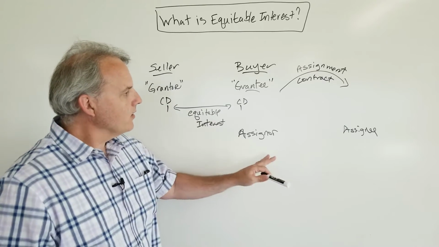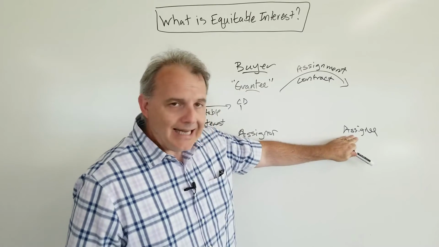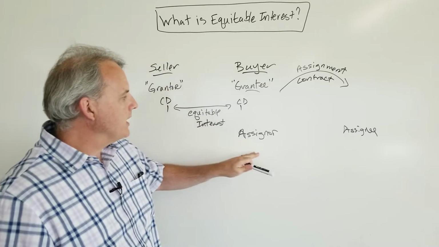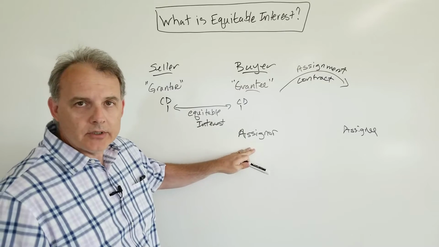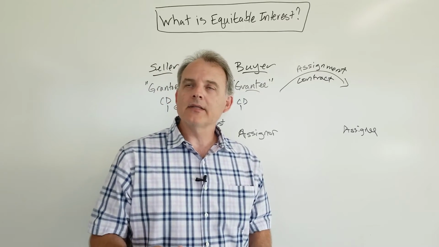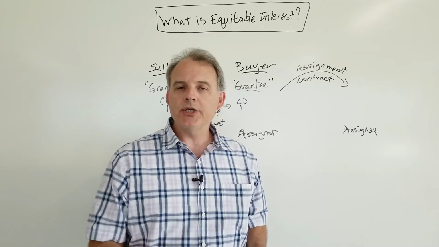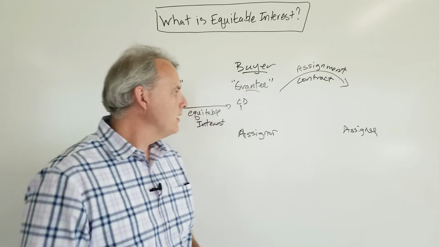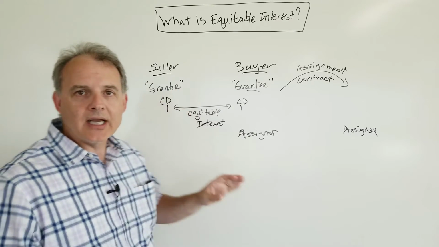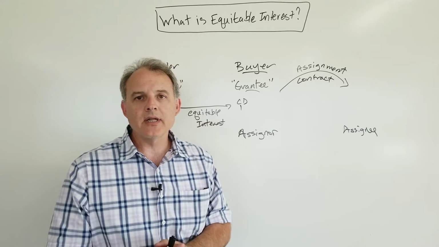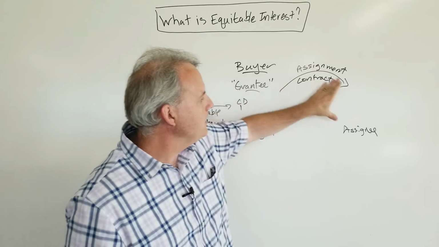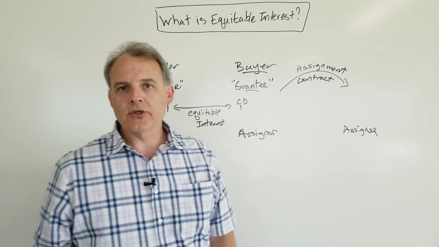Now what happens here is the assignee, this third party, is responsible to carry out the terms of the purchase contract. So it is not an opportunity to renegotiate the terms of that contract. Again, unless the purchase contract specifically said the contract is not assignable, the grantor has no power to prevent the grantee from assigning the contract to someone else.